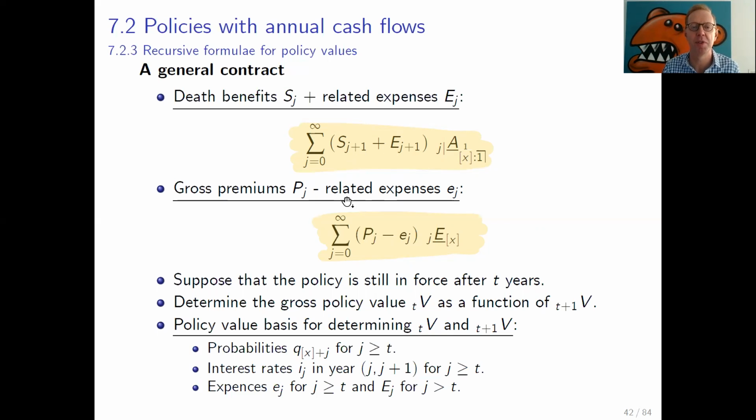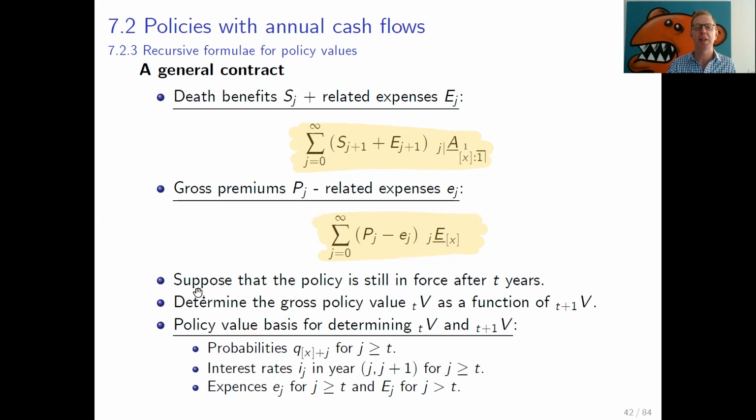The gross premiums Pj minus related expenses Pej are as follows. If the insured is still alive at time j, there will be a premium payment Pj and an expense Ej.